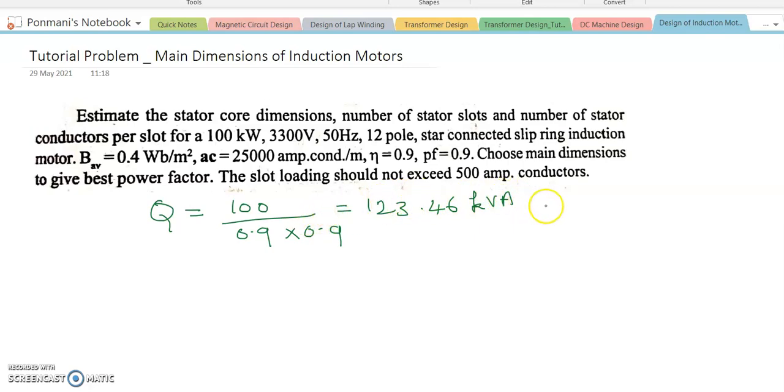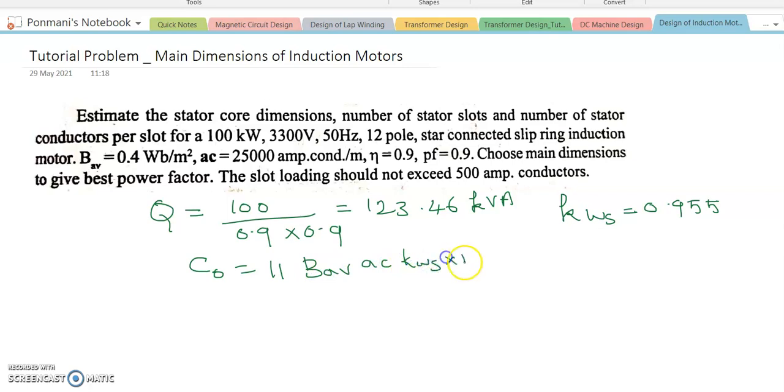And we can assume the stator winding factor kws as 0.955, and with that we can calculate C naught. C naught in an induction motor is 11 into B average into AC into kws into 10 to the power minus 3.